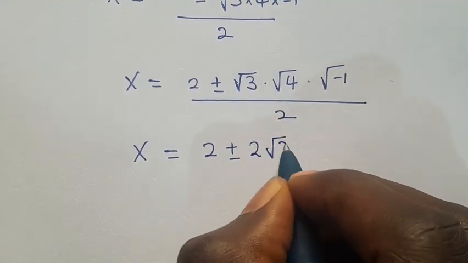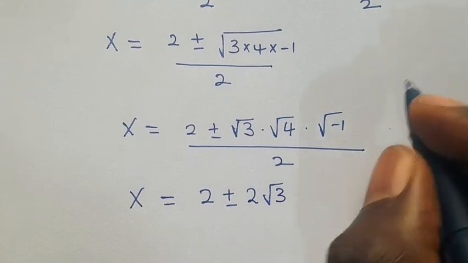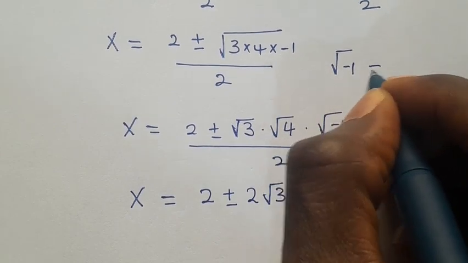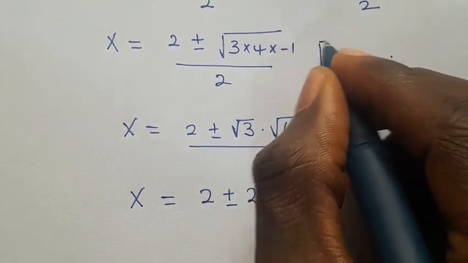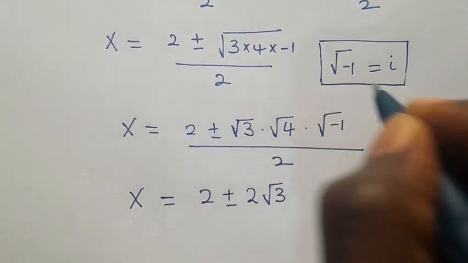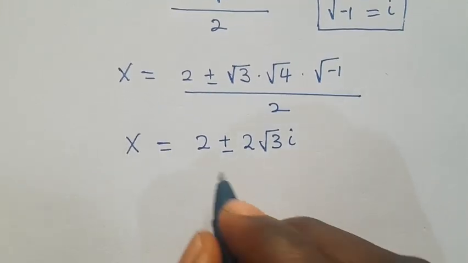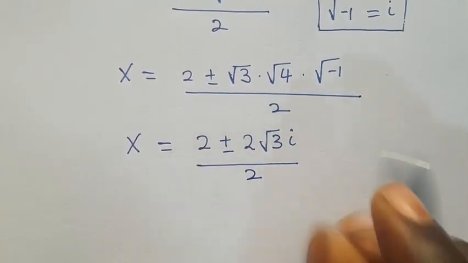by root 3. Then the root of minus 1 always gives us i. So here will be i, then divided by 2.